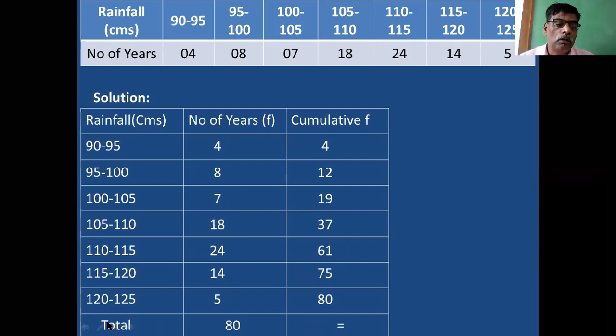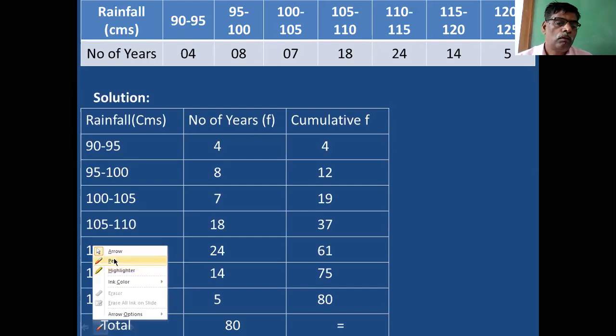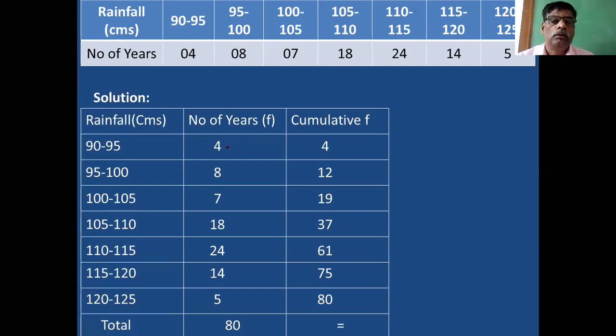Then you see here how to calculate this. With the help of a pencil, I will show you. You take this 4 to the second column first.